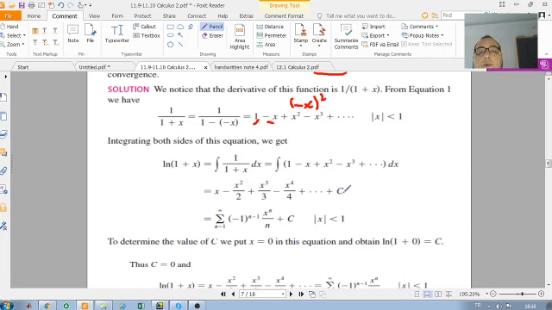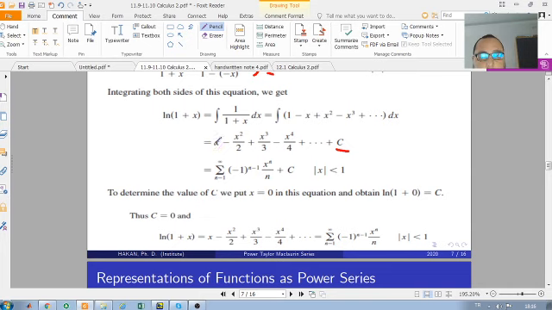And of course we have an integral constant, big C, and by looking at each term here, we can find a general term of the power series representation of ln(1 + x). You see the first term, third one, fifth one, namely the odd terms, have plus. The other terms, which are even terms, have minus sign.